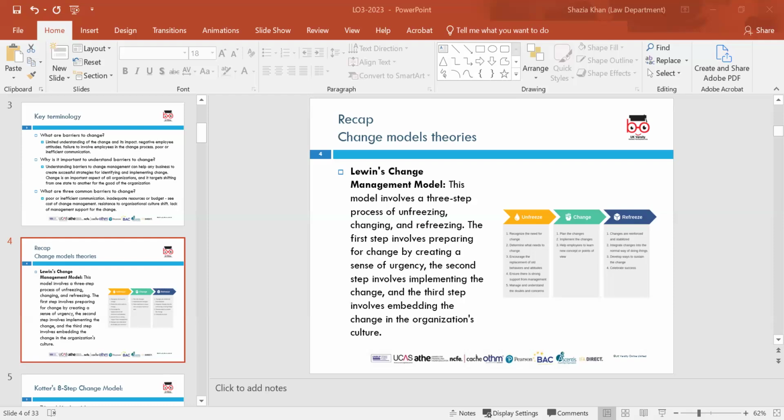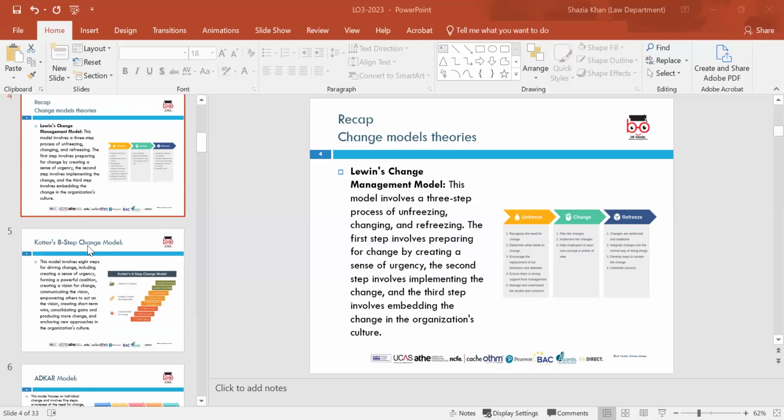This is a necessary step, because whilst it's accepted that change is inevitable and does occur, new changes are more likely to happen in the future. So in the refreeze stage, there need to be positive affirmations that the change was worthwhile. To ensure that, there's training in place, and it's important to communicate everything.